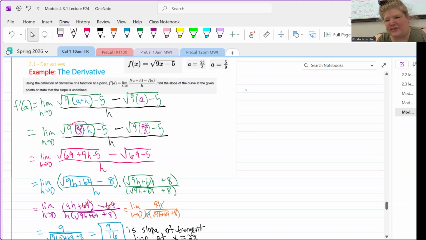Now, since they gave us another value to work with, we can do all of the same steps we just did, but putting in 5/9 in place of the a value, or we could just work with the original limit in terms of a. Since there's only the two values, it's up to you, especially since we already worked it out once.